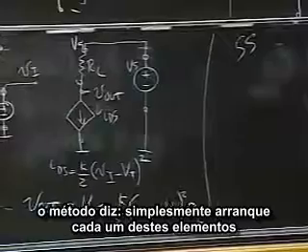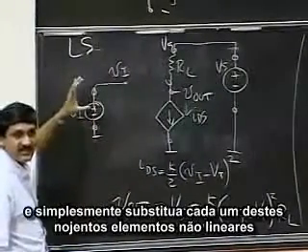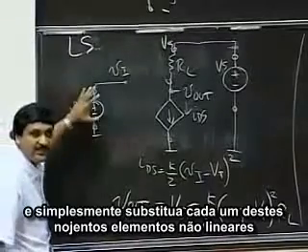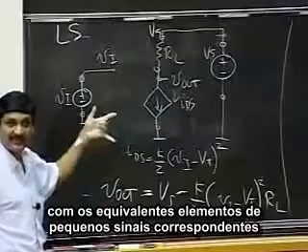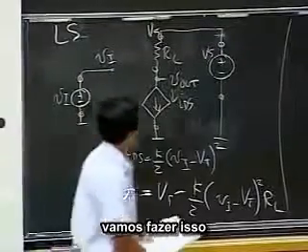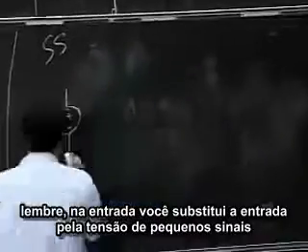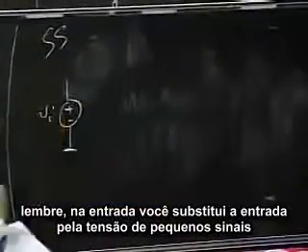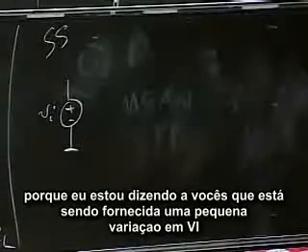The method says simply pluck out each of these elements and replace each of these nasty nonlinear elements with the corresponding small signal linear equivalents. So for the input, you replace the input with its small signal voltage, because I'm telling you that it's sourcing a small change vi.